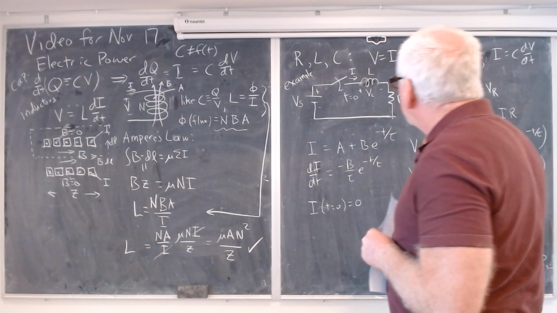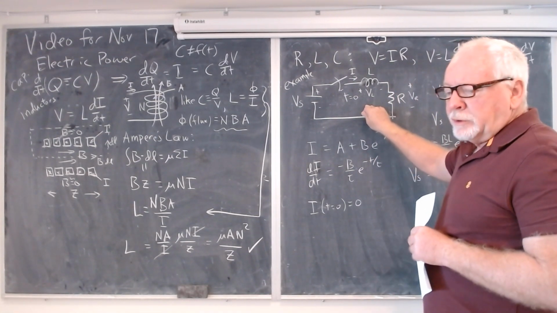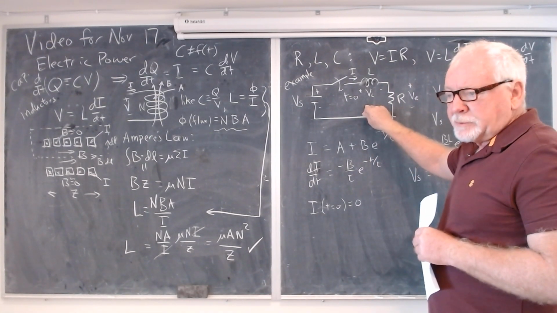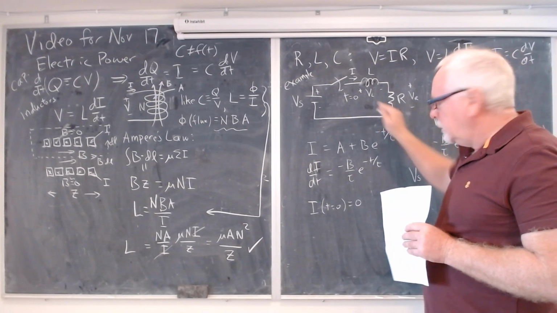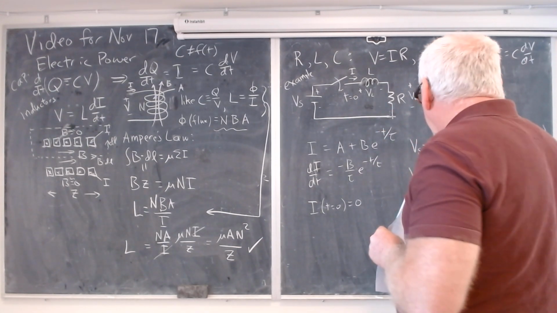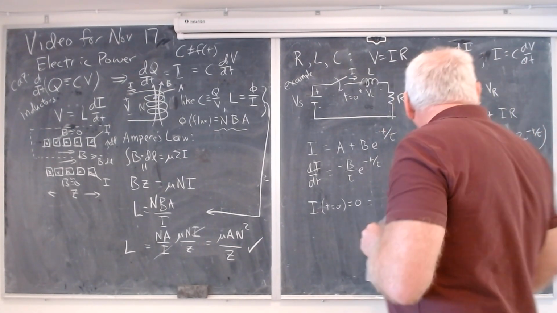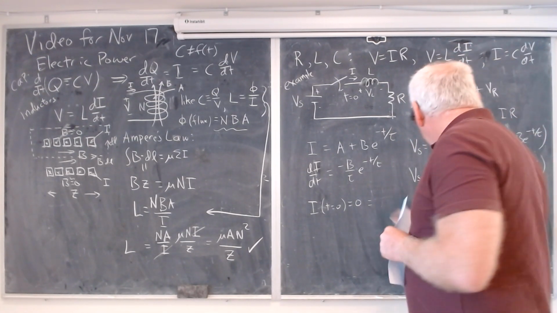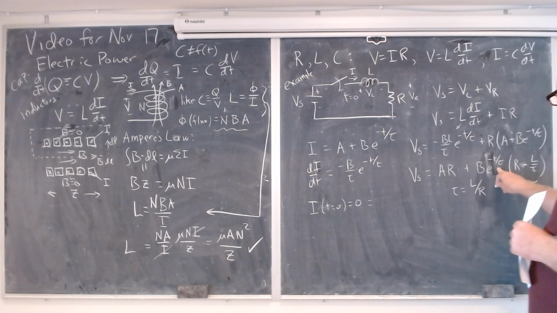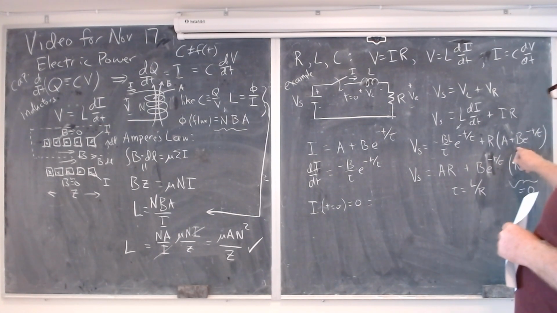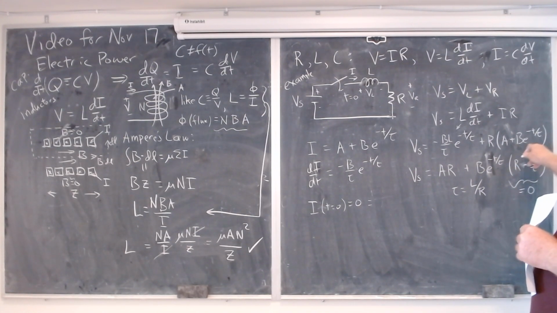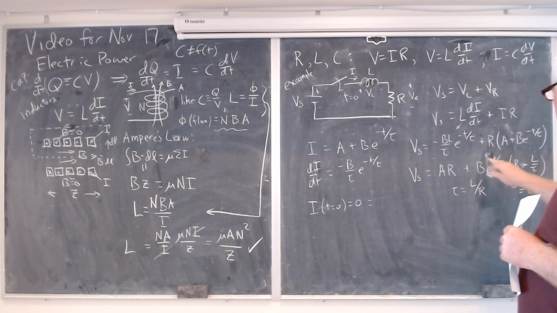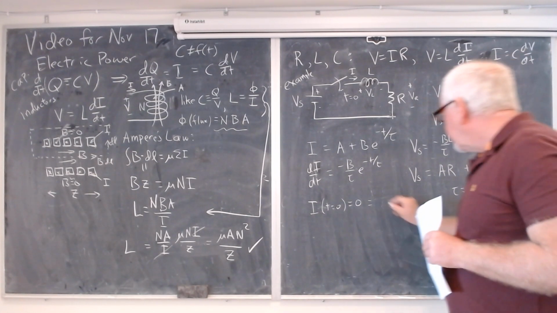And now you use your second boundary condition that I at t equals 0 is 0. Now why is that true? Well, because it was 0 before I flipped the switch, and it can't change instantaneously. Right, and so that means that if I plug in here at t equals 0 up here, I know that that's 1 and that's 1, and so then I know that's equal to RA.